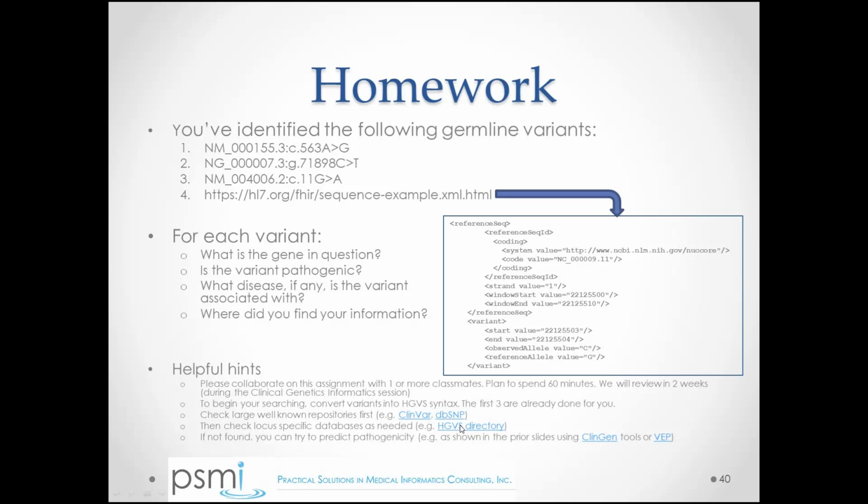But there's a large directory of locus-specific databases here. And if you still can't find it, you can try to predict the pathogenicity using a tool like VEP or ClinGen.